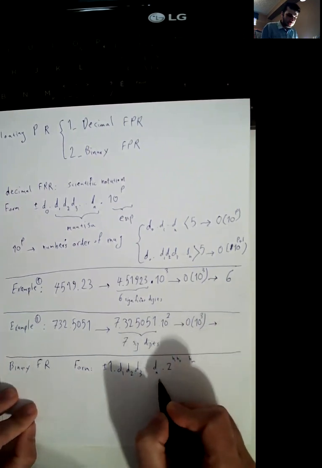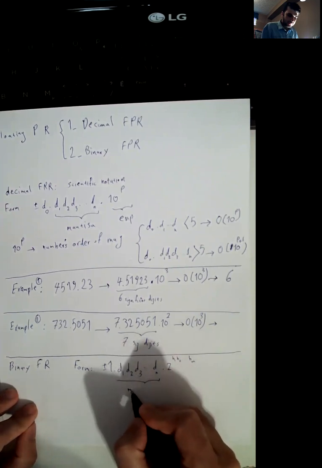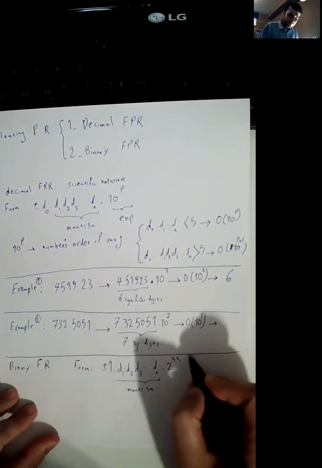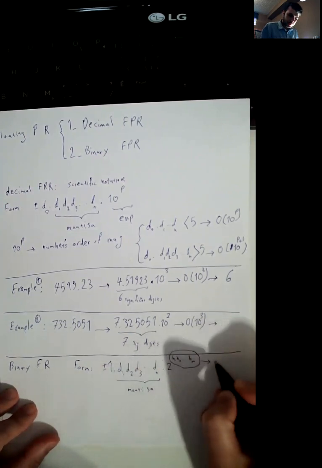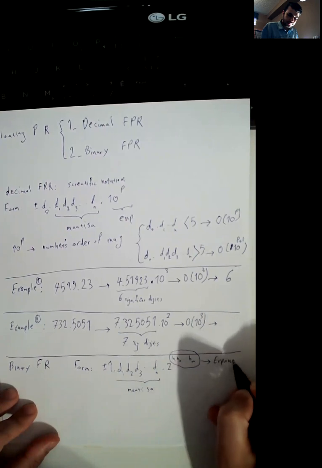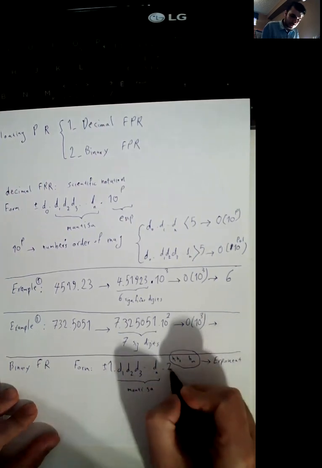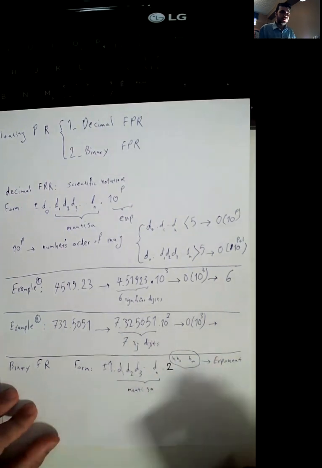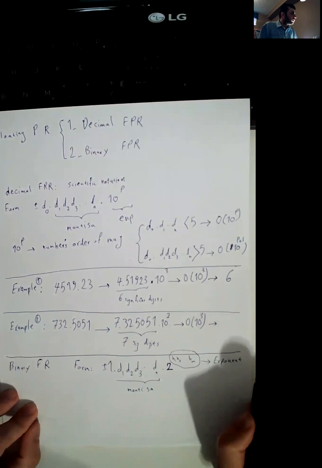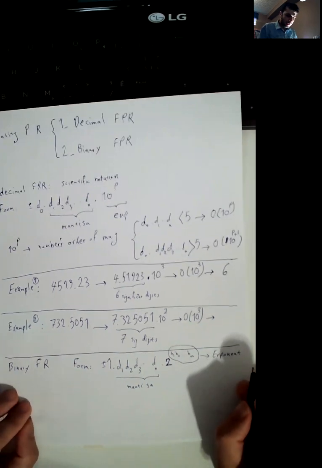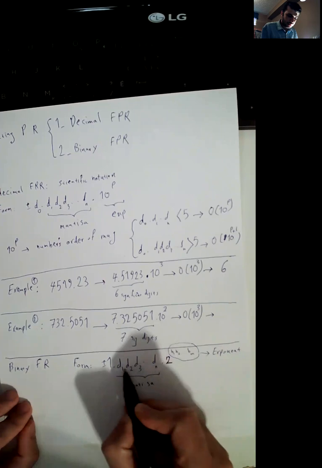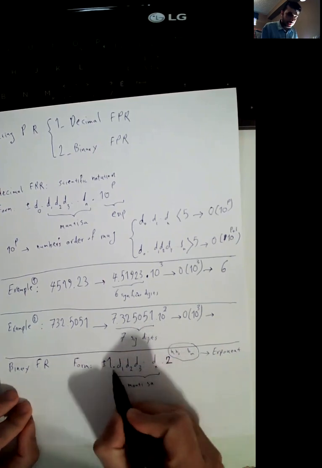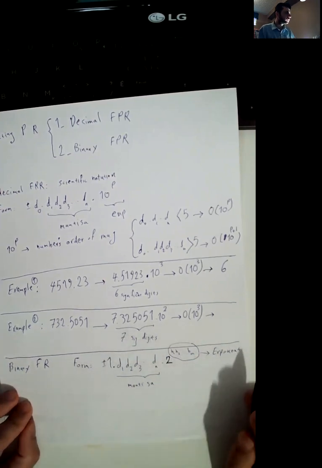Again, this part is called the mantissa, and this term is called the exponent. So we see that we have n plus 1 significant digits here, with 1 for the leading 1.